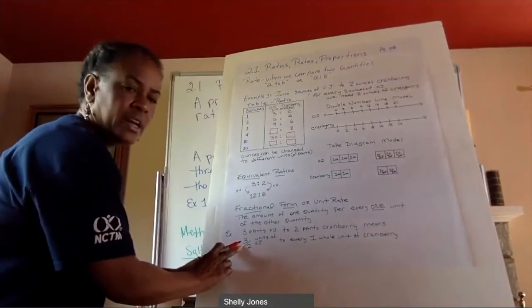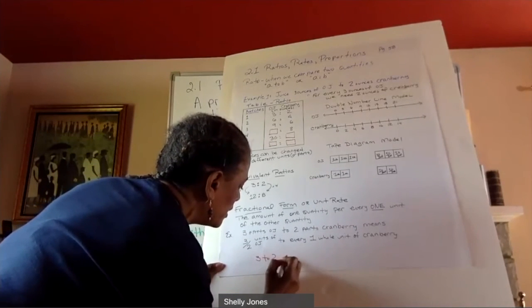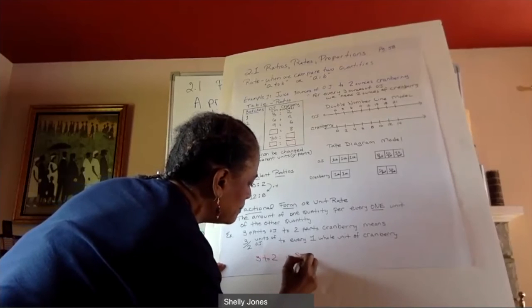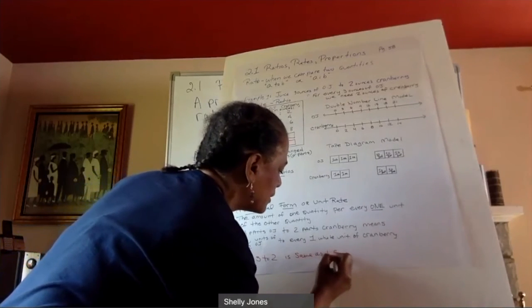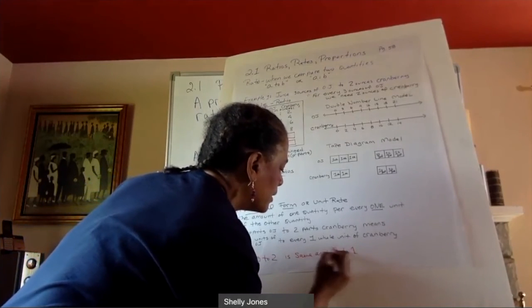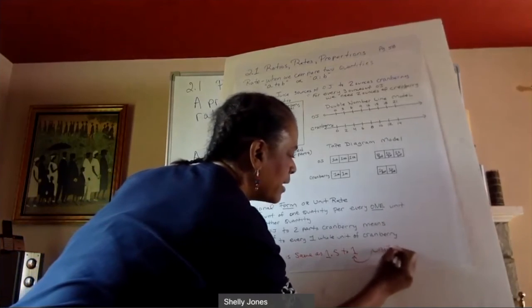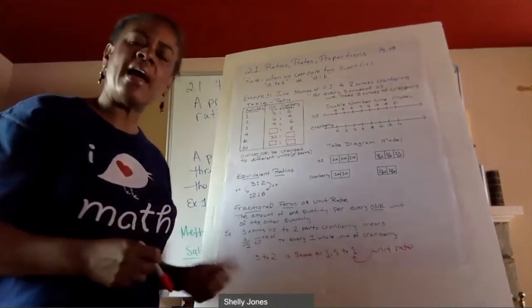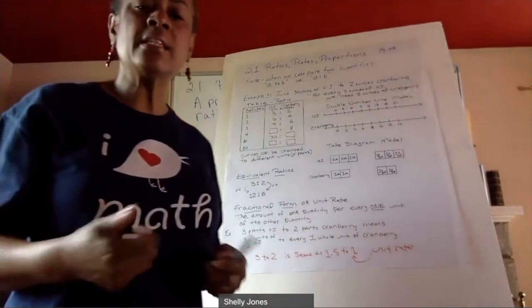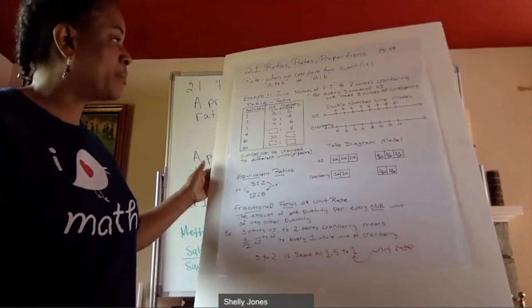Even though I'm writing that as 3 halves, I'm going to write it like this: 3 to 2 is the same as 1.5 to 1. Whenever I have a 1, I'm talking about a unit rate. But it's better to keep it as a fraction because that's how you're going to use it down the line. Okay? So the fraction is actually the better way to go.